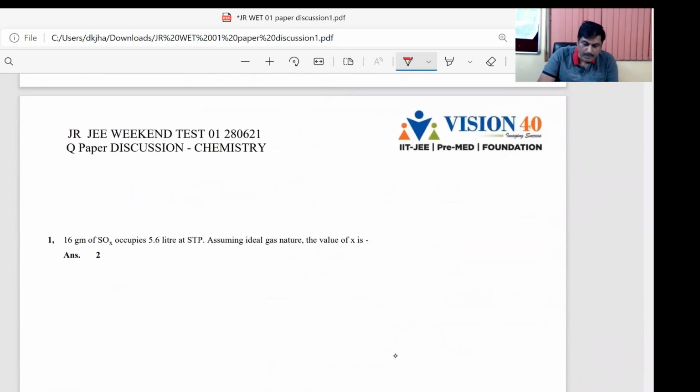Okay. Now, next one: 16 gram of SOx occupies 5.6 liter at STP. Assuming ideal gas nature, find the value of x. Very simple one. 5.6 liter at STP is equivalent to 16 gram. Then at STP, molar volume is 22.4 liter.